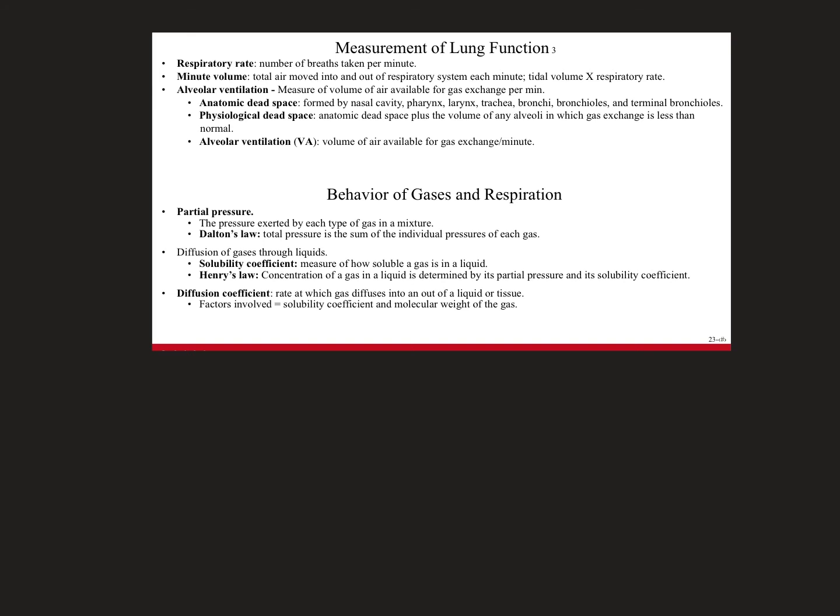The partial pressure is the pressure of each of those gases. Okay? What we care about is what we call PO2, which is the partial pressure of oxygen, and PCO2, which is the partial pressure of carbon dioxide. Okay?